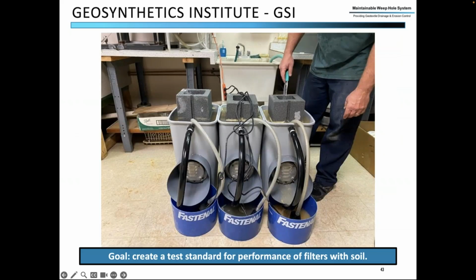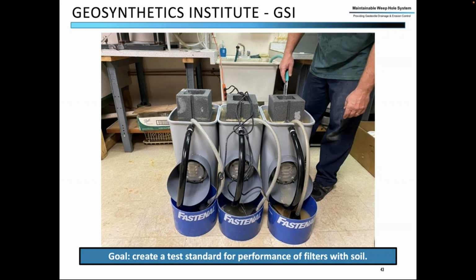Finally, I'm happy to announce that coming soon will be an ASTM standard. This is from the GSI, Geosynthetics Institute. This gentleman here, Robert Koerner, you may have studied some of his or his father's geosynthetic textbooks in college. He was the one who wrote the standard originally, and he's updating it to include a test apparatus for clogging of conical shape weep hole filters.